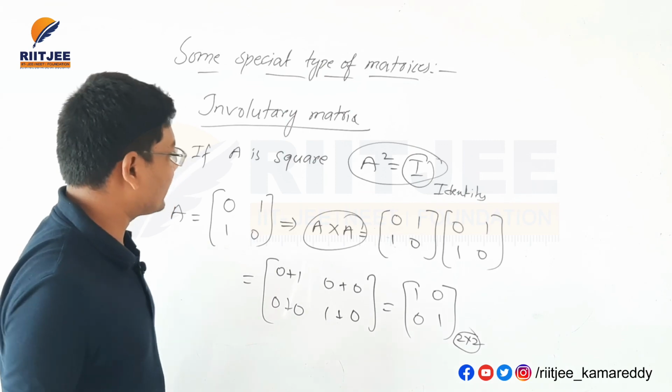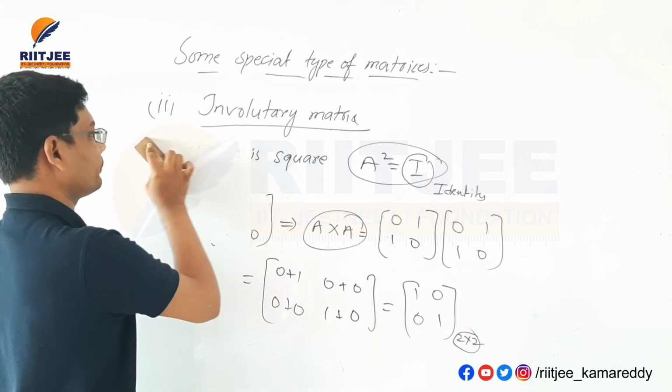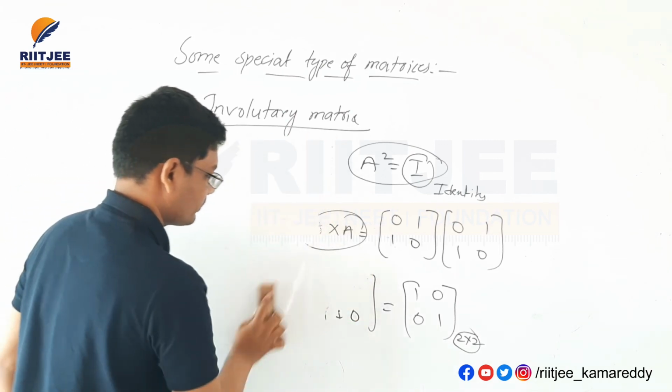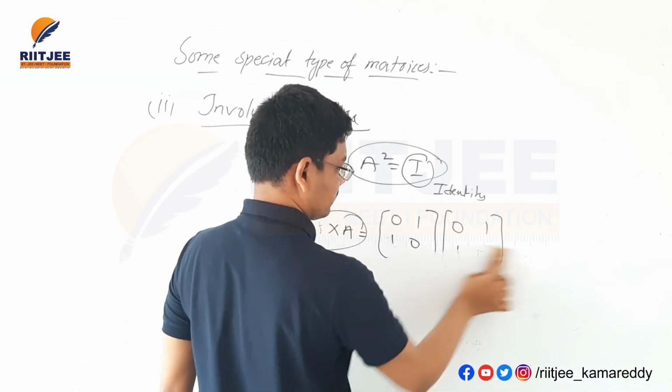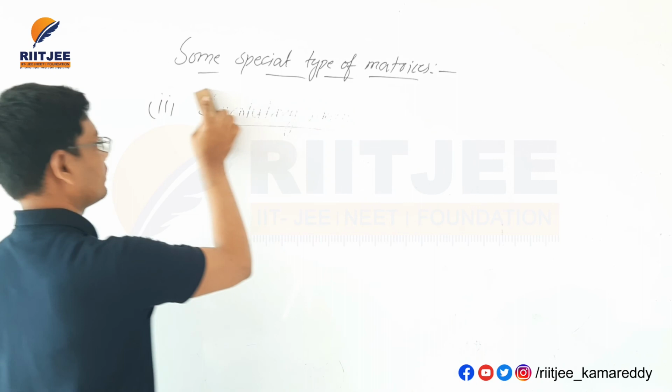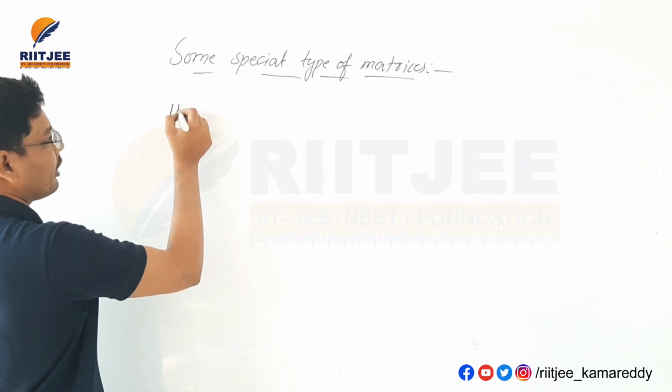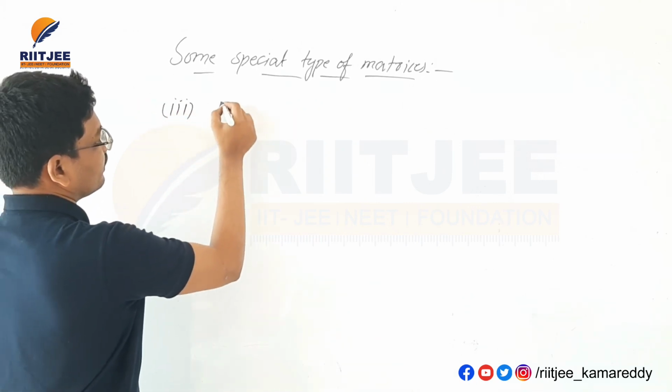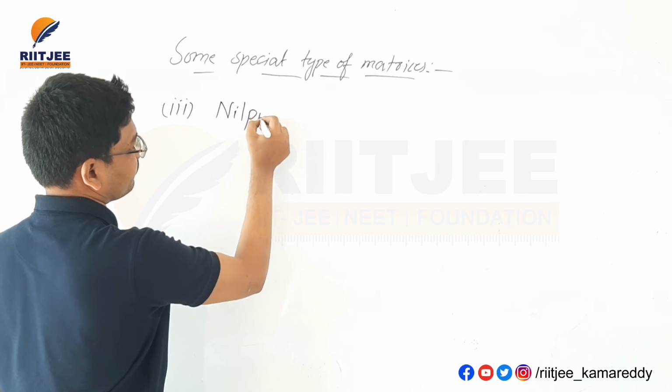Next type of matrix is the nilpotent matrix.